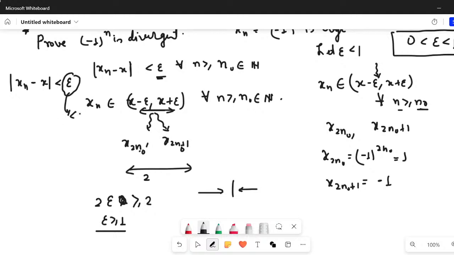Why not less than 1? And if that is the case, then we arrive at a contradiction. It implies minus 1 raised to power n is not convergent. Rather, it is a divergent sequence.